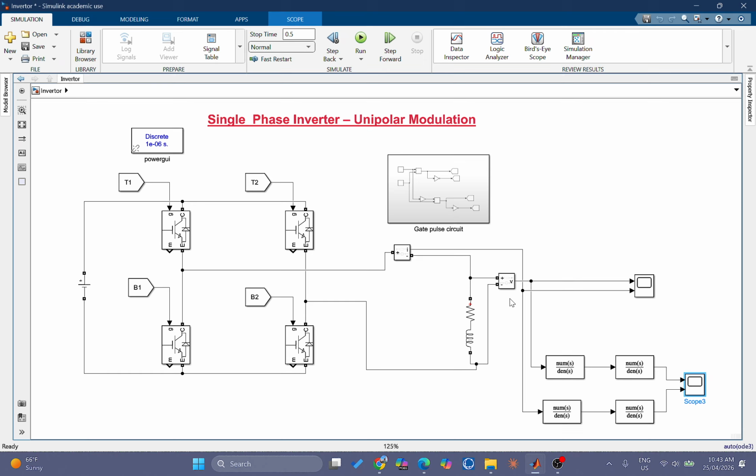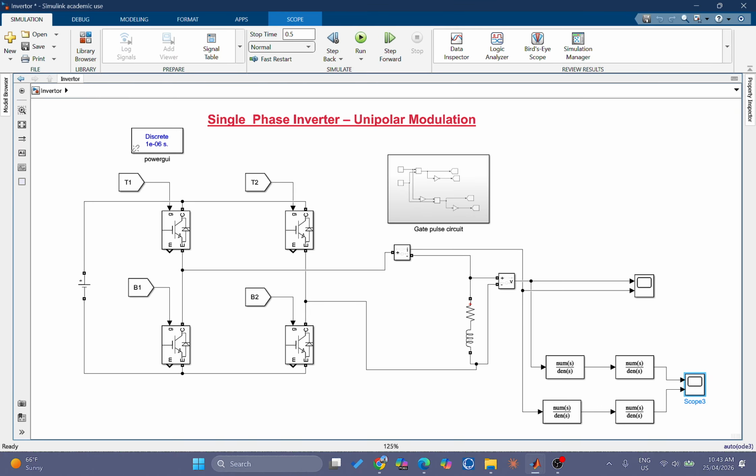So by changing the modulation index, we can control the output voltage. But the inverter output depends on the modulation index, then switching frequency, the load impedance, and finally the filter that we use.